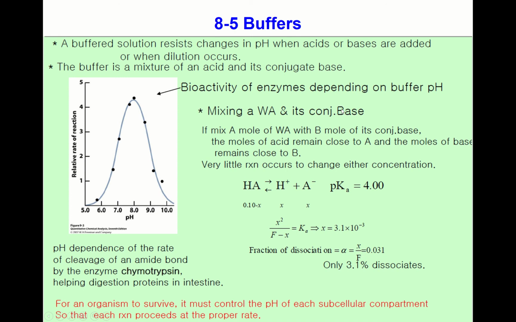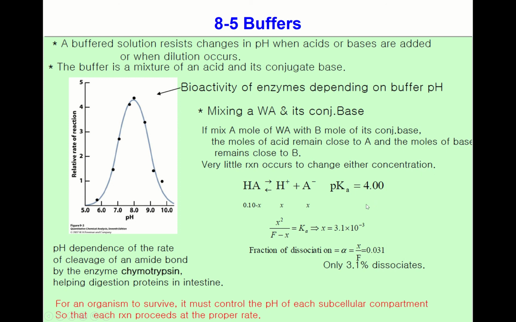We have a way around that problem. If we mix A mole of weak acid with B mole of its conjugate base, the moles of acid remain close to A and the moles of base remain close to B. Very little reaction occurs to change either concentration.